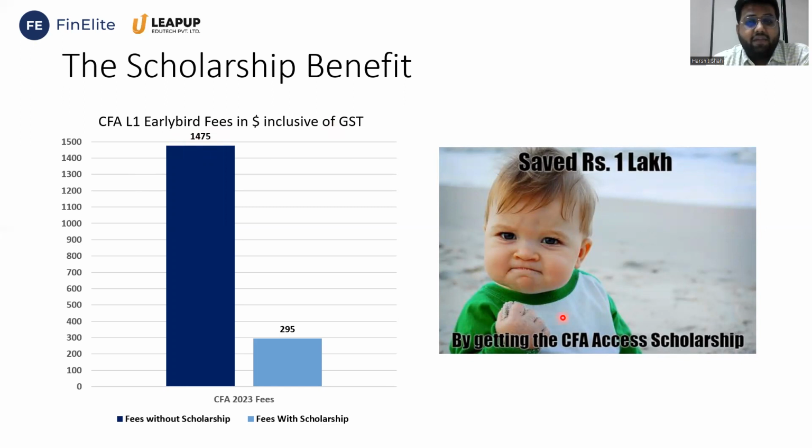So by getting the CFA Access Scholarship, you will be saving approximately 1 lakh rupees. This includes the registration fee and the examination fee both. The $295 is the only thing which you need to pay. So this is the amount of benefit, the money you can save. It's a huge chunk, a big sum. So ensure you pay full attention to this video, learn how to actually apply for it, and make the most out of it.